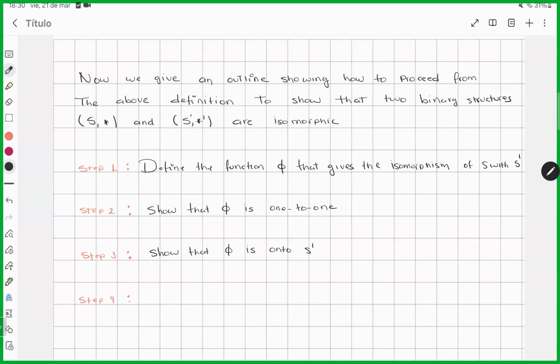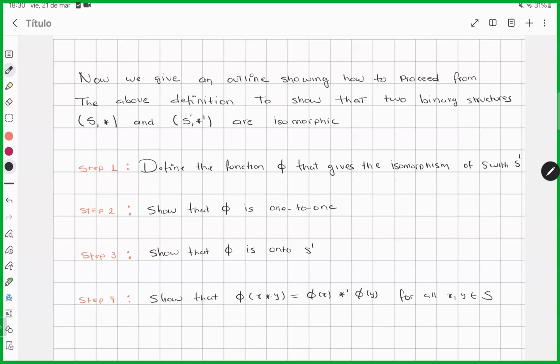And finally, we should show that phi of x asterisk y is equal to phi of x asterisk tilde phi of y for all x and y in S.